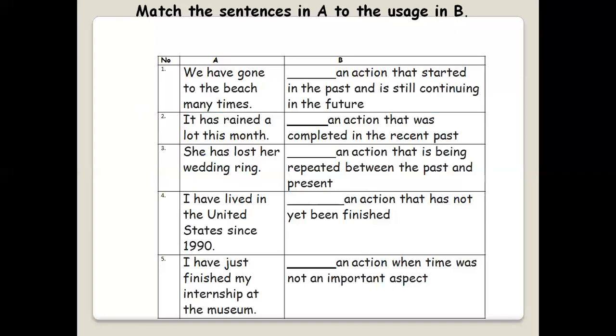For example, number 1: what is the suitable reason that I use present perfect in this sentence? I'm going to start with number 1. We have gone to the beach many times. I want you to focus on this one, many times.